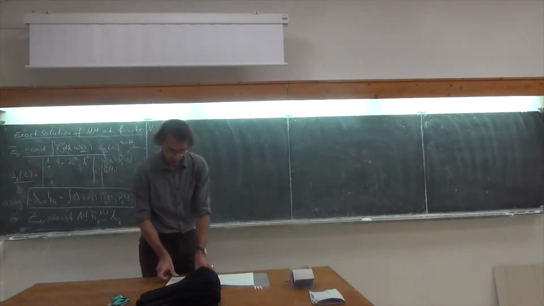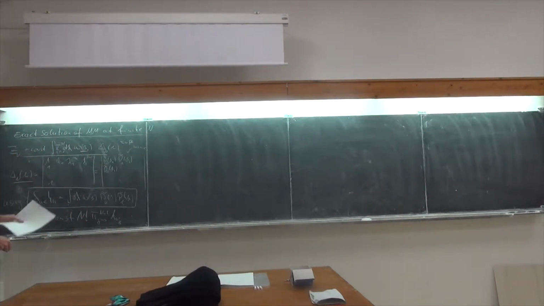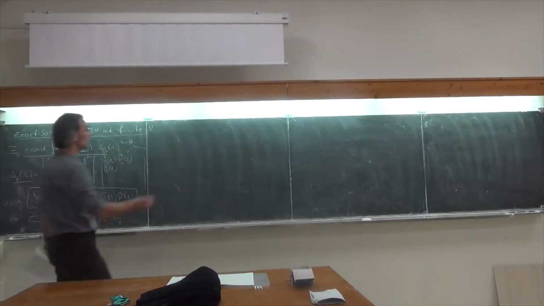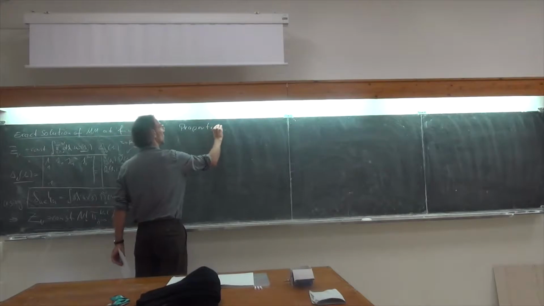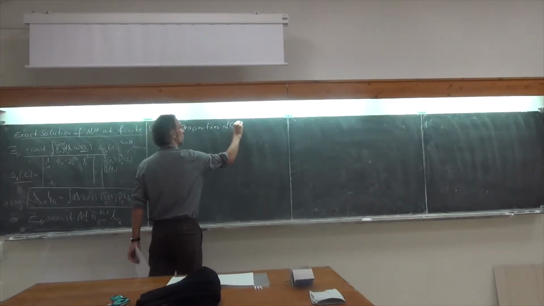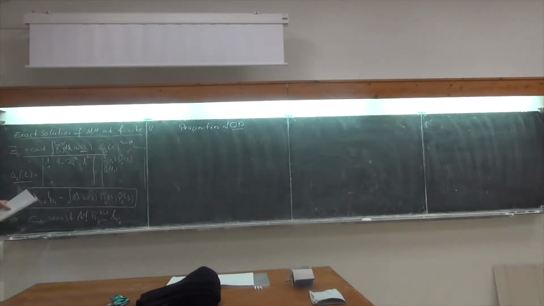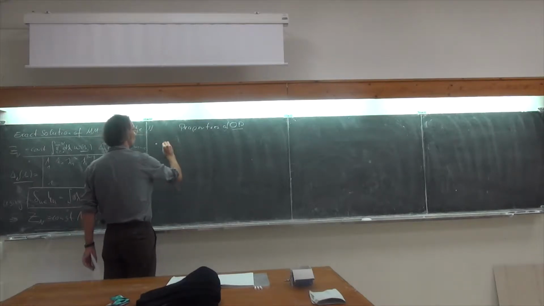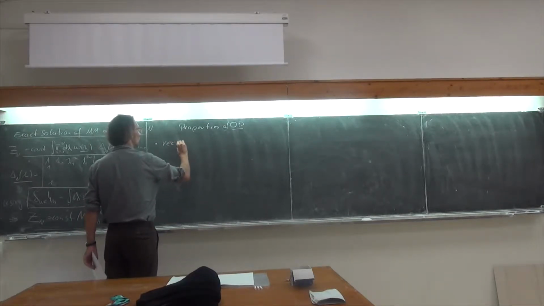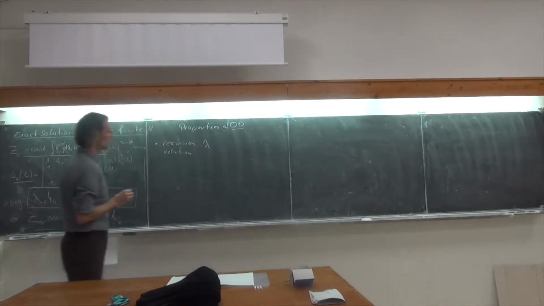So because these polynomials seem to be very useful, it's a good idea to study the properties of these orthogonal polynomials, or OP, short for orthogonal polynomials. One property is a recursion relation, and that goes as follows.